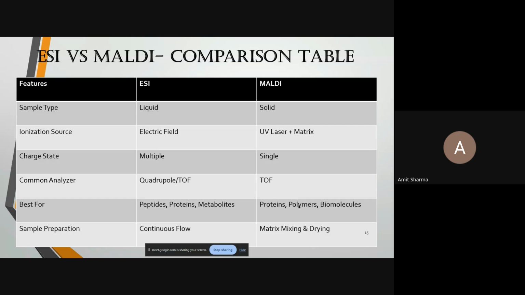And then we have sample preparation, where in ESI, we have a liquid sample that is continuously flowing through the needle. And in MALDI, we have matrix mixing and drying of the sample, where the matrix is mixed together at certain ratios and is dried out to prepare the sample. So this is the comparison between ESI and MALDI.